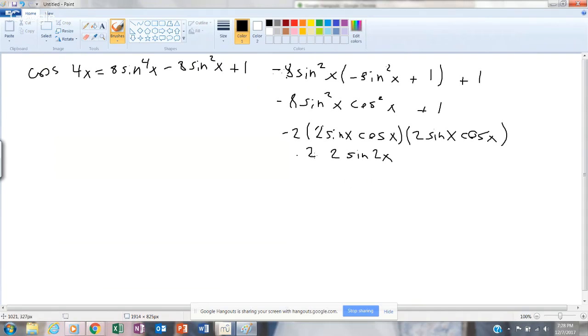So we get negative 2 times sine of 2x times sine of 2x.